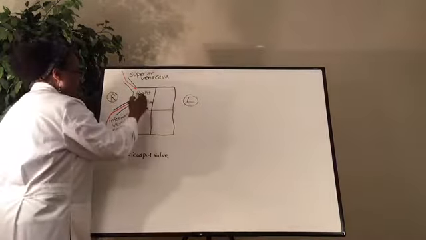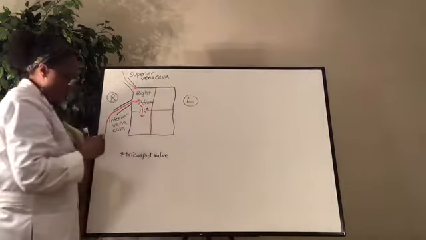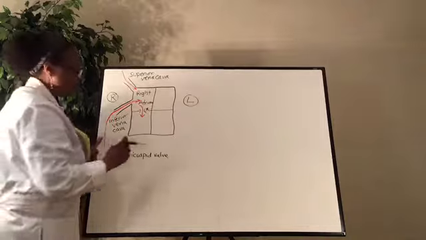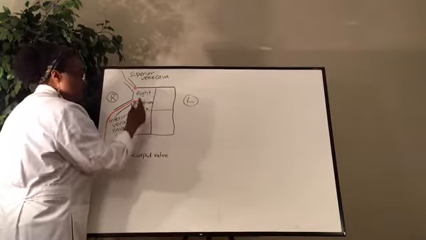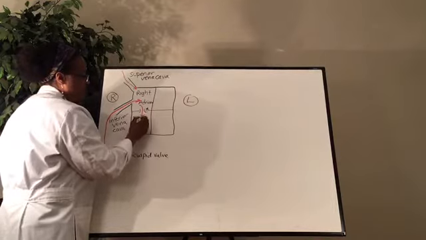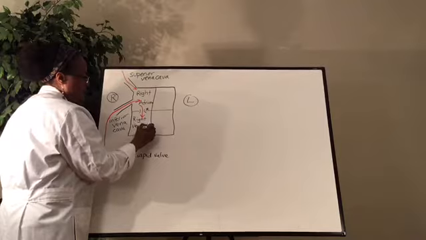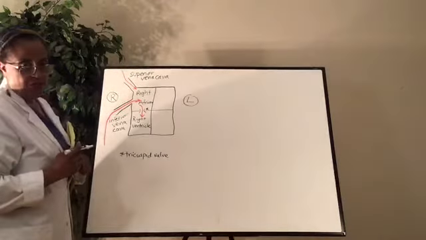And the blood will now come from the right atrium through this tricuspid valve into this chamber here. This is still on the right side. This is the right ventricle. All right? So far, so good.